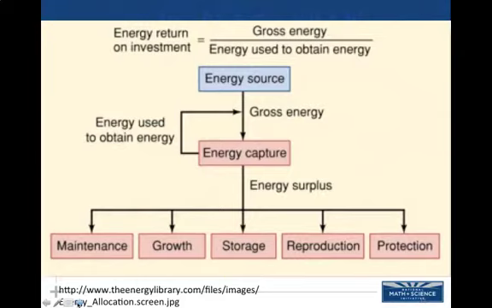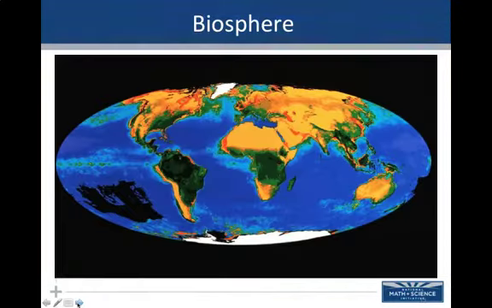And so this is tied back into fitness, because you have to have an energy surplus beyond normal living processes in order to have the ability to reproduce. And it's important to tie that back to that at the end.